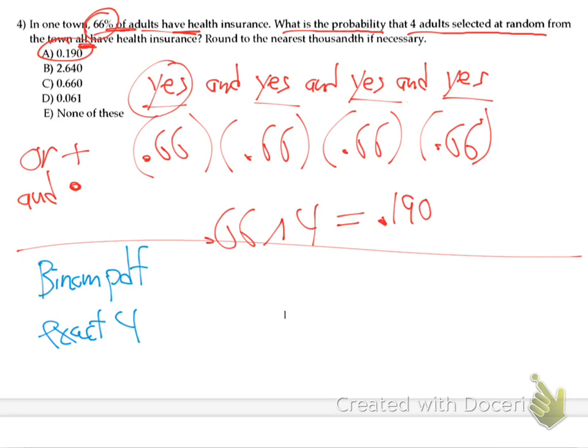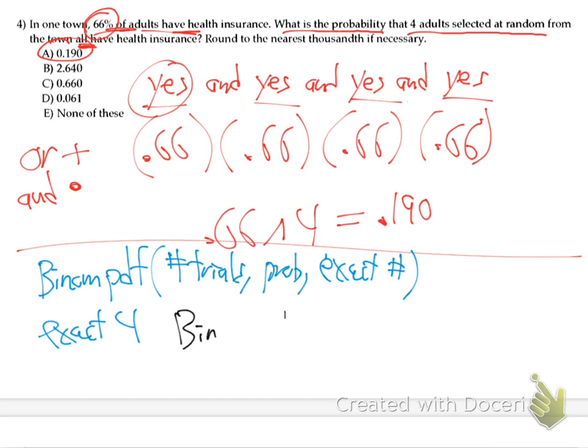Because it's exact. And remember how that worked? Number of trials, probability, and then exact number. I gave you that on your exam 2 notes. So it's binom PDF, and then number of trials. How many times are we trying this little experiment? 4 times.